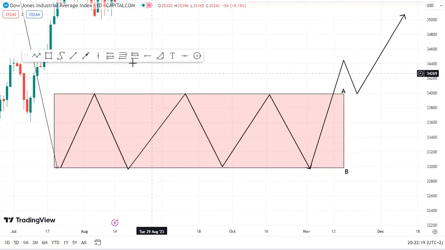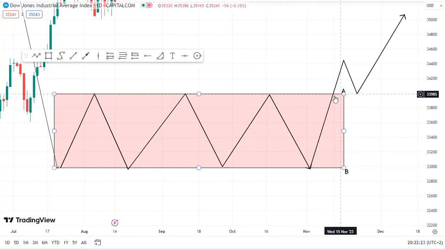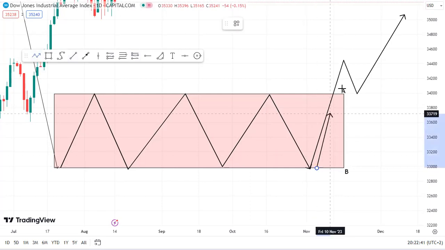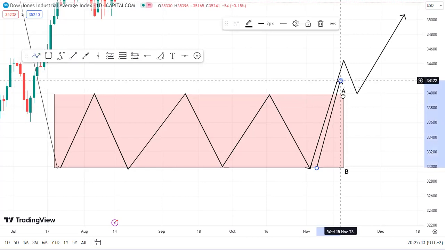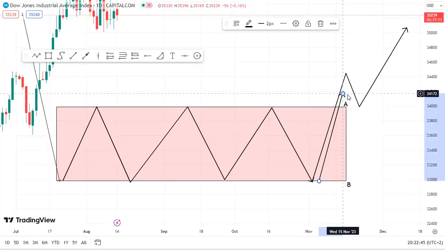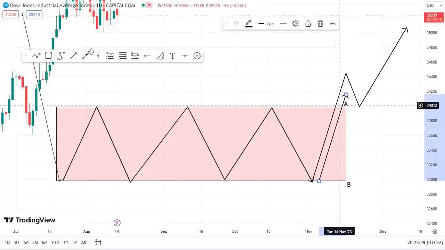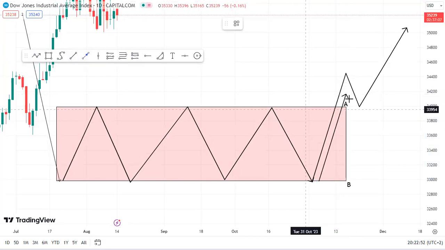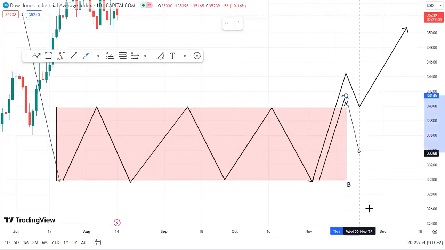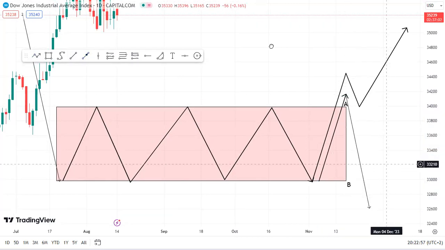So what you are certain of is this break right here. Don't be quick to take entries, because the market might do this, give you a wick, then push to the downside.